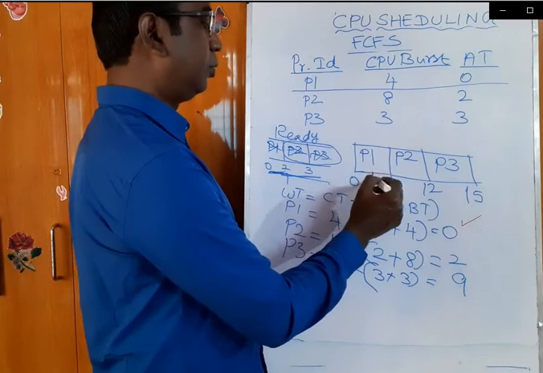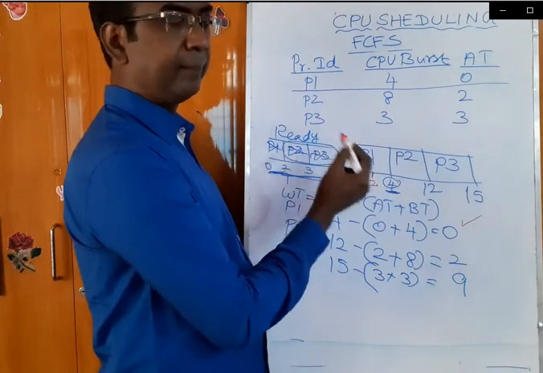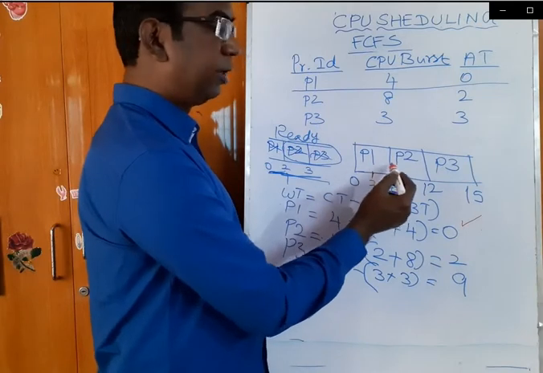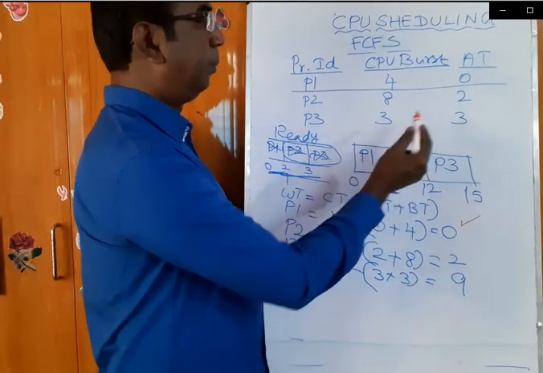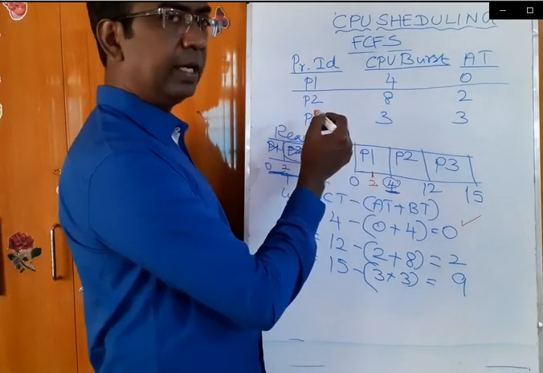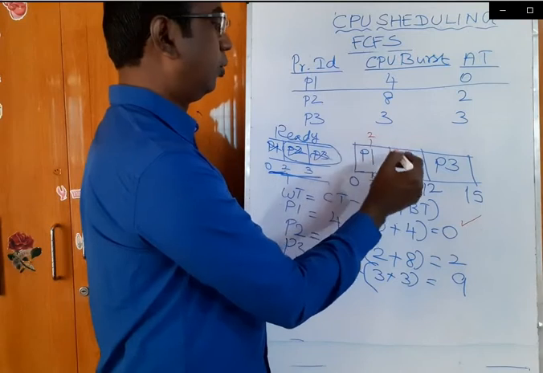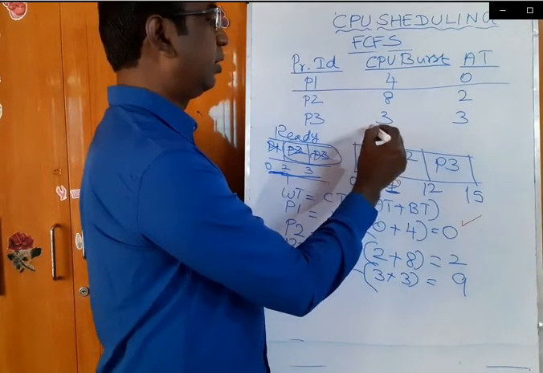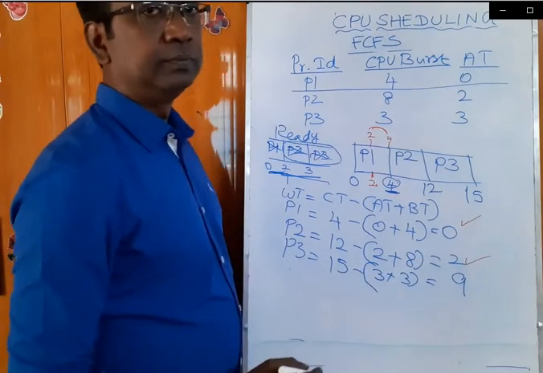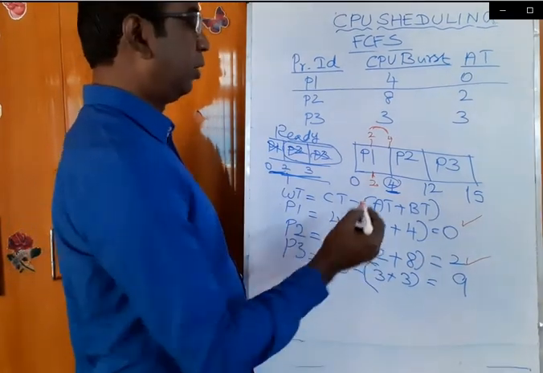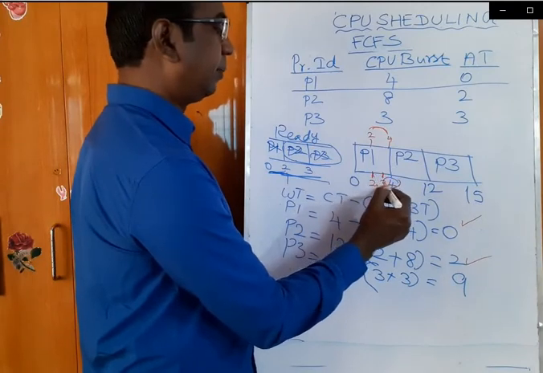P2 enters the ready queue after 2 seconds, while P1 is executing in the CPU. P2 gets the CPU at 4, so 4 minus 2 is 2.